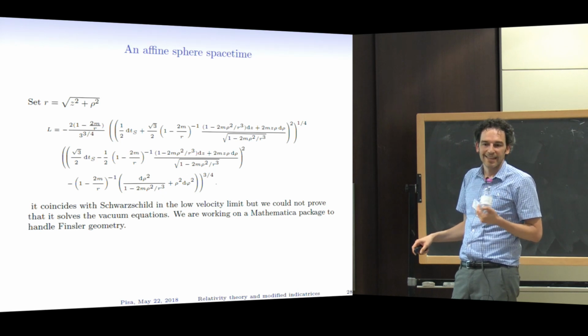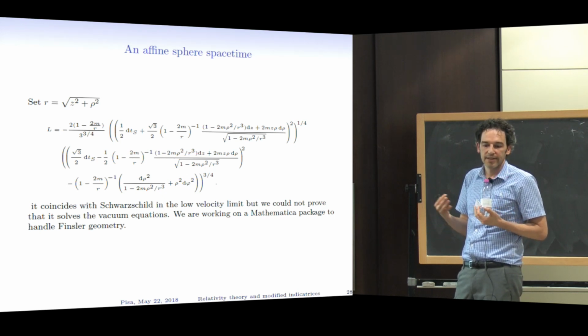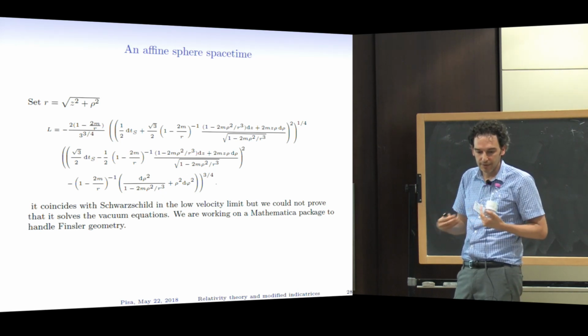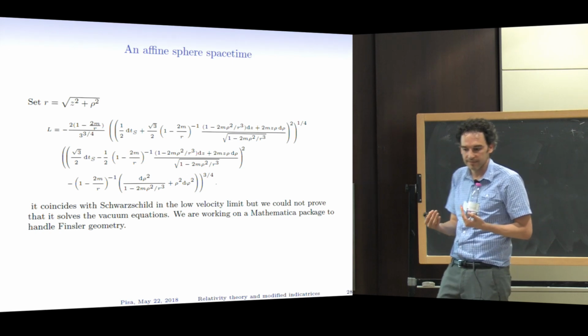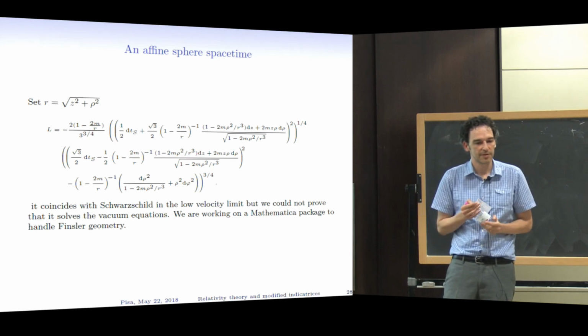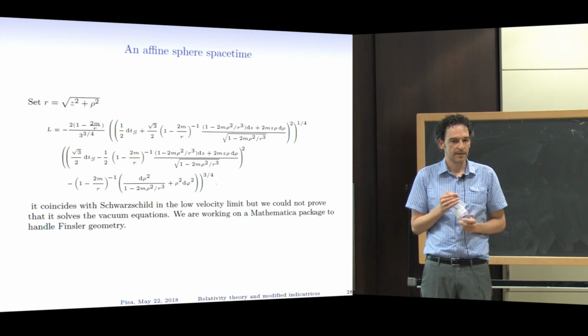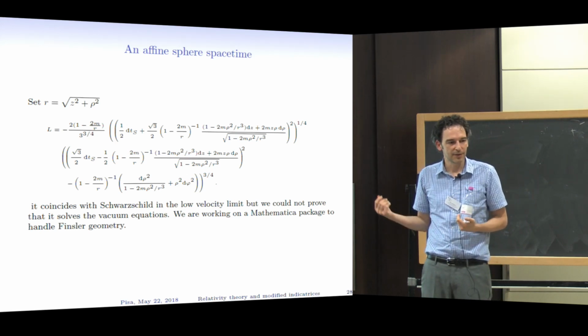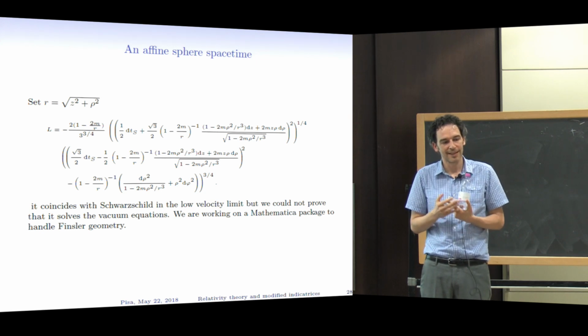So let's say for objects which are slow, this metric will not be distinguished from the Schwarzschild. This is the idea. But this metric has not been built to solve some dynamical equation.